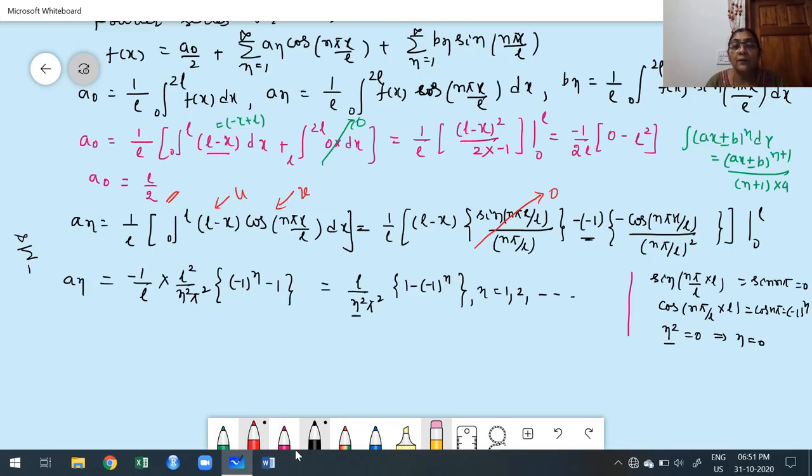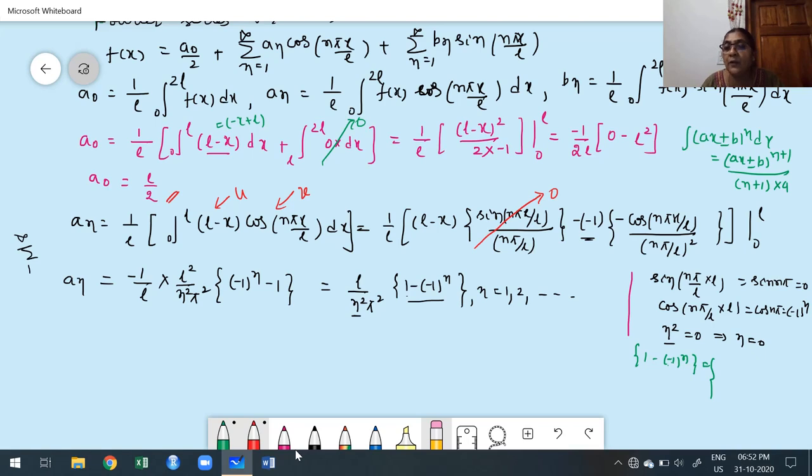Another point I discussed in all my previous videos: whenever, inside the flower bracket, one term is 1 and another term is minus 1 to the power of n, commonly we get an even case value and an odd case value. One of the cases must be 0. First I have to verify 1 minus of minus 1 to the power of n. Now take an odd value, minus 1, minus into minus is plus.